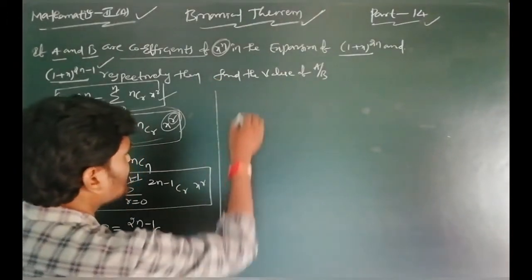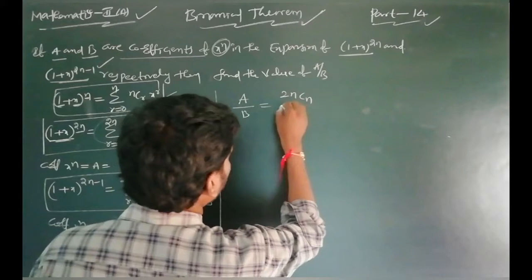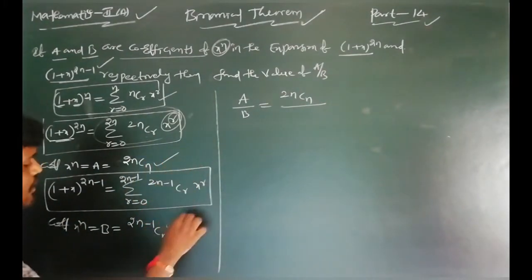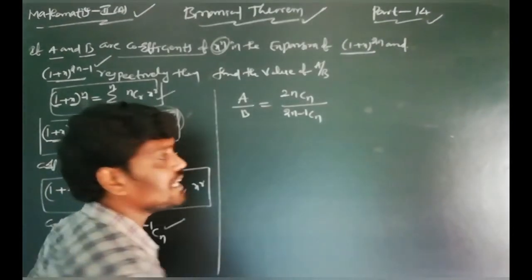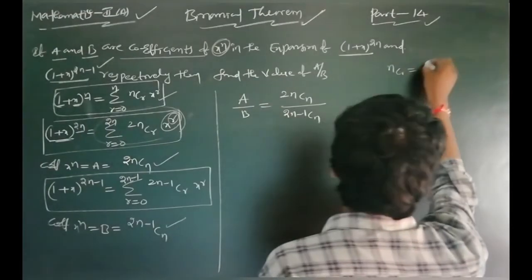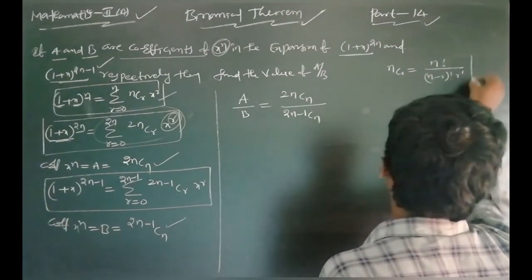After that you can find A by B. What is the value of A? 2nCn. What is the value of B? (2n minus 1)Cn. Use the nCr formula: n factorial by (n minus r) factorial into r factorial.